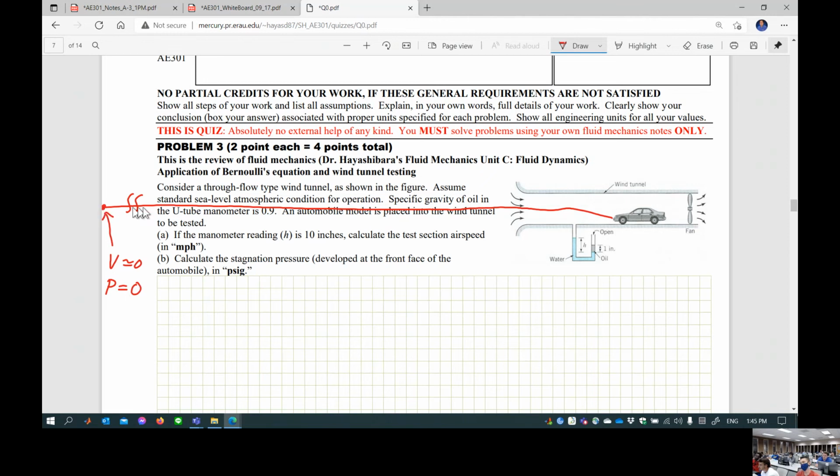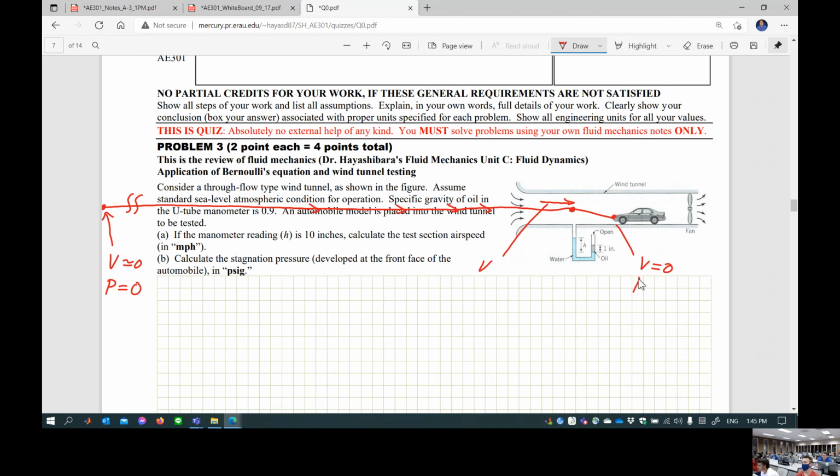Then it slowly picks up speed along this streamline and is sucked right into the wind tunnel, where it becomes velocity V. Then it hits the vehicle in front, where the velocity is 0, the stagnation point.